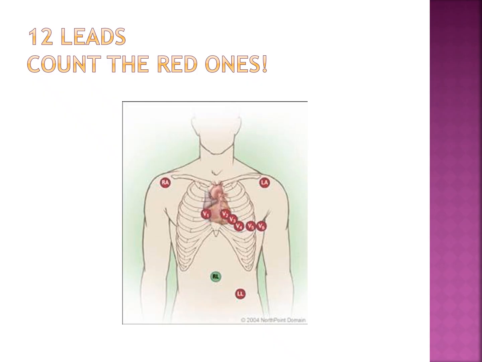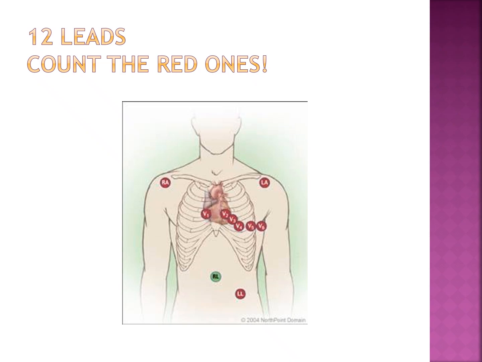The limb leads are bipolar leads. In other words, you need 2 poles, a positive pole and a negative pole, whereas the chest leads are only 1 pole, and they're generally a positive pole.